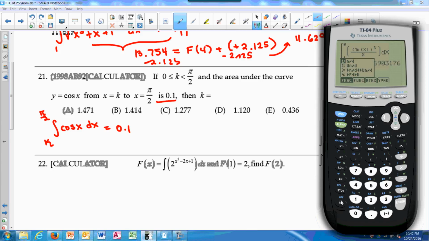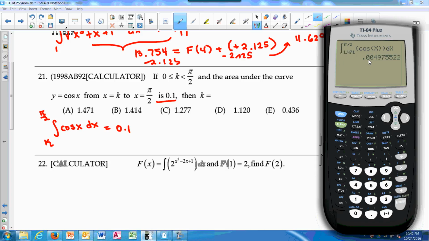So I can do Math 9 or alpha F2. I'm going to start at 1.471. I'm going to stop at pi over 2. The function I'm evaluating is cosine of x with respect to x.